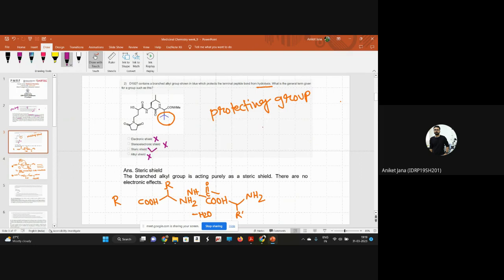So the tertiary butyl group present here is very bulky, occupying space spatially. So it is protecting our group from attack, so the water molecules cannot come in close proximity to this amide bond, and it is protecting the terminal peptide bond from hydrolysis.